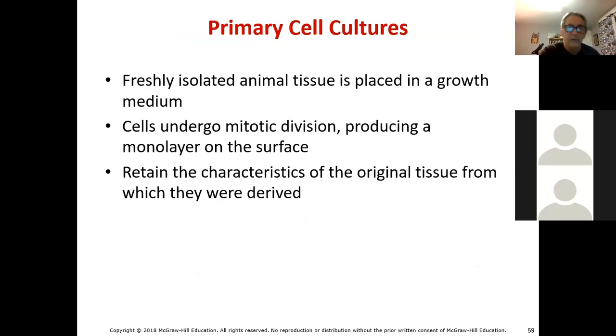I didn't have this in the slide, but I'll just mention it briefly. Fresh primary cell cultures or freshly isolated animal tissues are placed in a growth media. They undergo cell division, mitotic division, producing a monolayer on the surface, and they retain the characteristics of the tissue they were derived from.